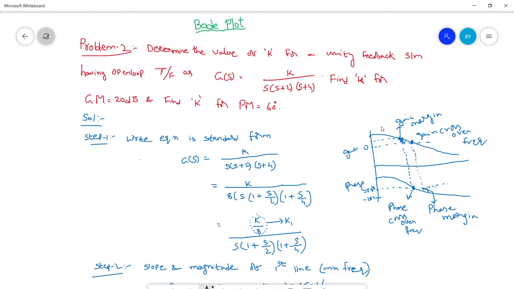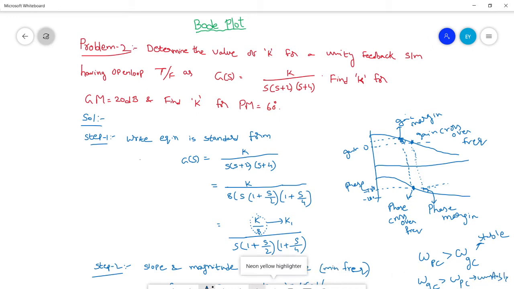Based on the conditions for stability, if the phase crossover frequency omega pc is greater than the gain crossover frequency, then the system is stable. If the gain crossover frequency is greater than the phase crossover frequency, then the system is unstable.